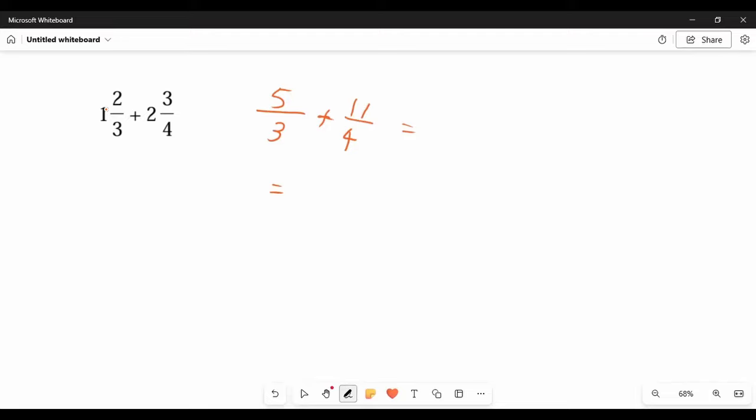So you have to multiply by 4: 20 over 12 plus 33 over 12, which equals 53 over 12. And we have to see how many 12s we have in 53. 53 divided by 12 is going to give us 4 because 48, and we have 5 remainder, 5 over 12. Is this how you guys did?